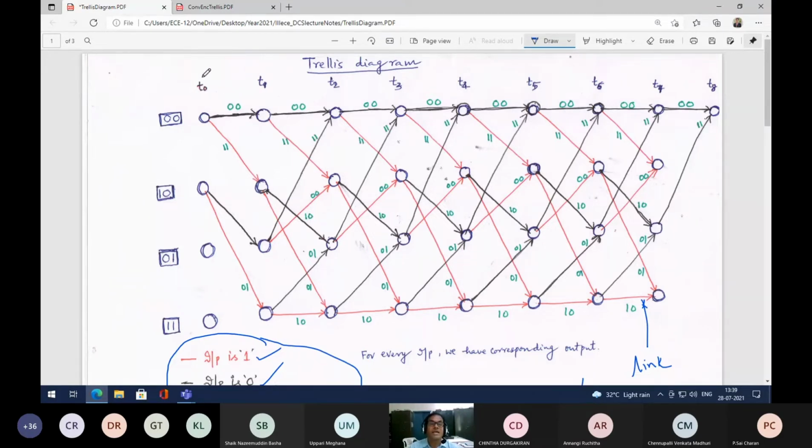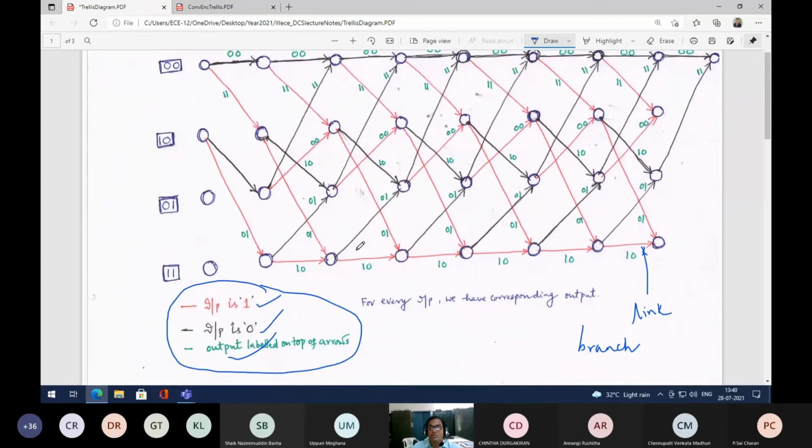Note that T0, T1, T2 indicate different time instances, and these are the states of the flip-flops in the convolutional encoder at different time instances: T0, T1, T2, T3, T4, T5, T6, T7, T8, and so on. It goes like this.